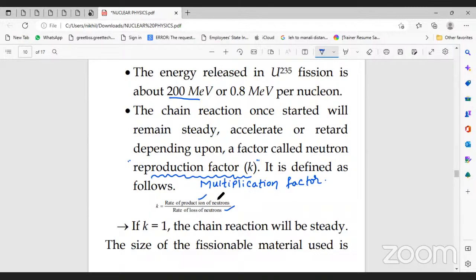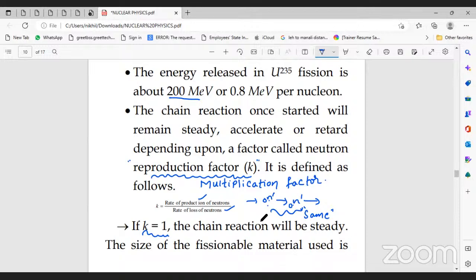By comparing the present and past generations, we determine the multiplication factor K. Suppose the multiplication factor K is equal to 1. In each and every reaction, the number of neutrons will be the same. Please remember this.